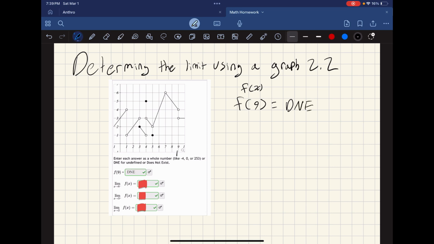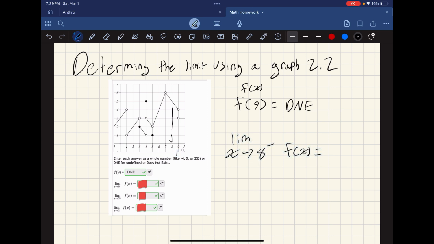All right. For our next question, it was find the limit of f of x as x approaches the lower aspect of 8. It looks like this: x approaches 8, the lower aspect. So we're going to take a look at our graph and find 8. 8 is right here.